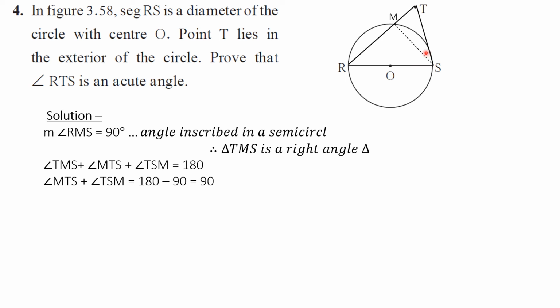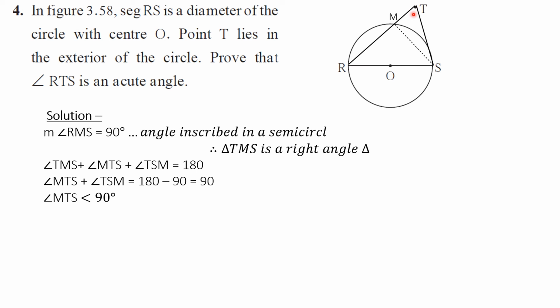Then here in this place we can replace the value of angle TMS as 90 degree and then shift this value to the right side, and we can write angle MTS plus angle TSM is equal to 180 minus 90 is equal to 90. Therefore measure of angle MTS plus measure of angle TSM is equal to 90 degree.